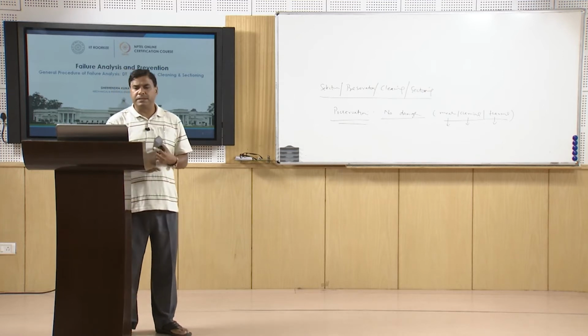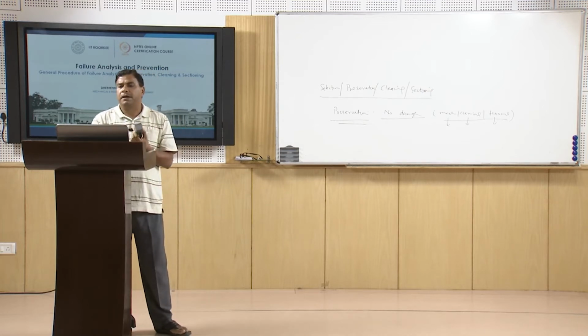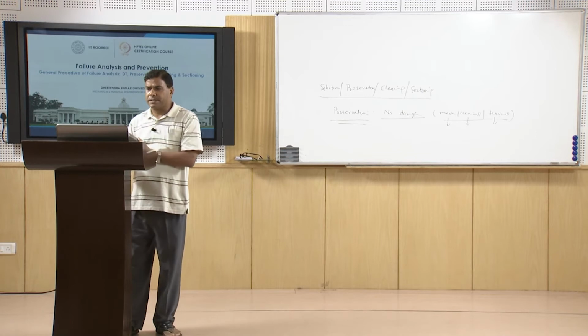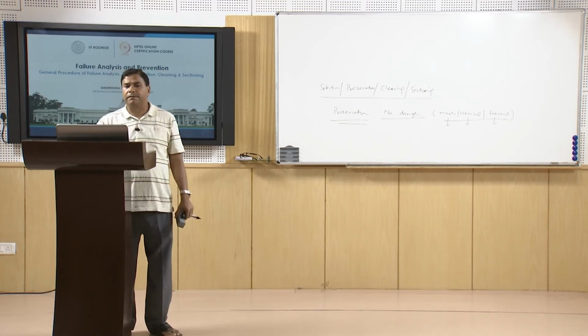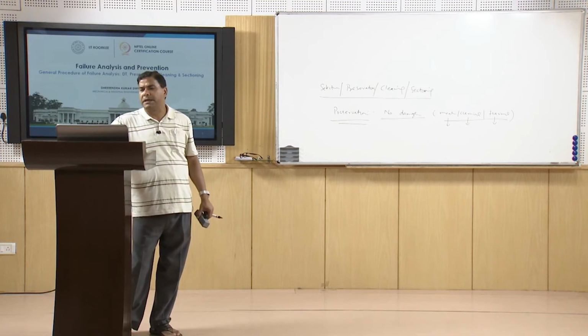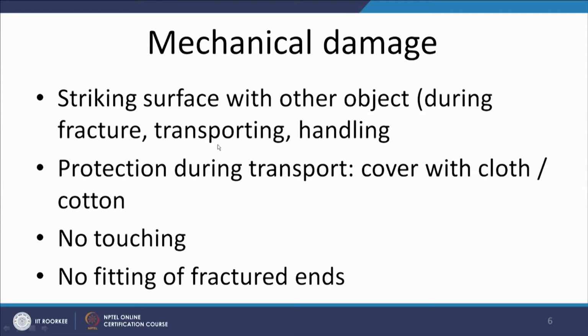So, one possibility is that the fracture surfaces are hitting the other surfaces. This may happen during the fracture itself, or the fracture surface may hit the other component during transport, or when it is being handled.